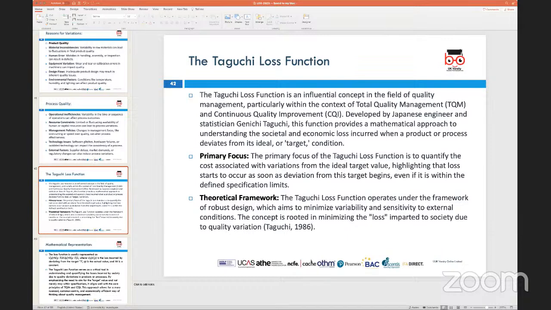This is a concept which was developed by a Japanese businessman and statistician called Genichi Taguchi, and that is why it has been named after him.